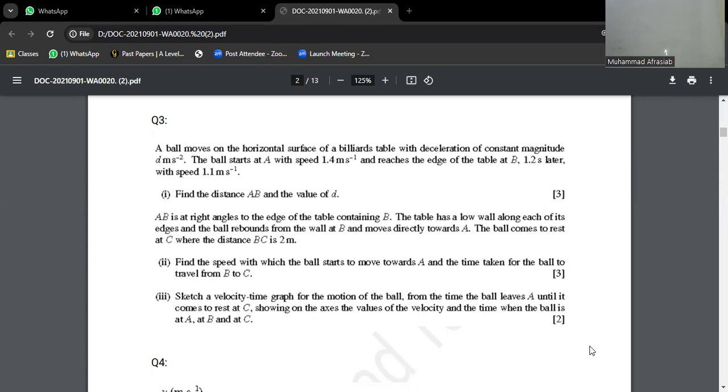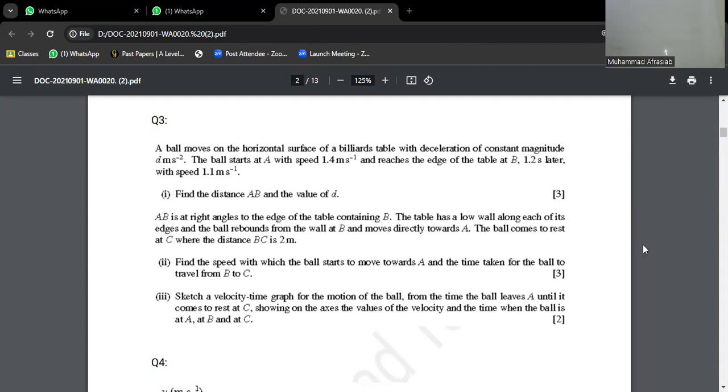The ball starts at A with a speed of 1.4 meters per second and reaches the edge of the table at B 1.2 seconds later with a speed of 1.1 meters per second. Find the distance AB and the value of d.